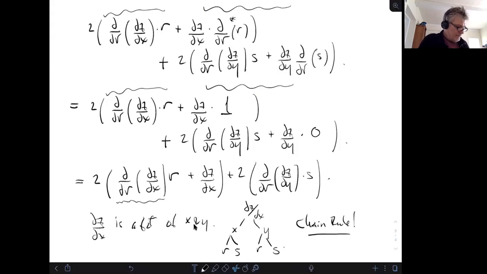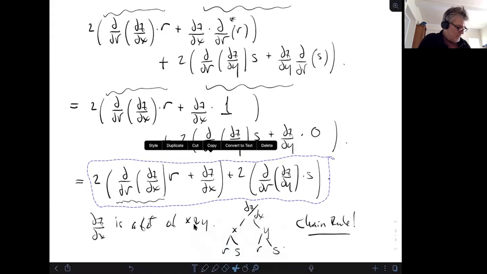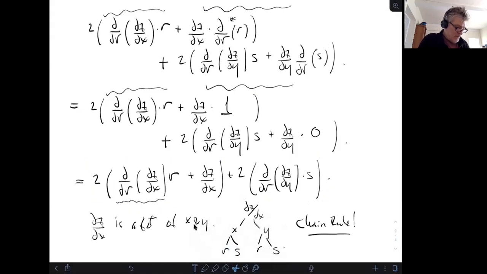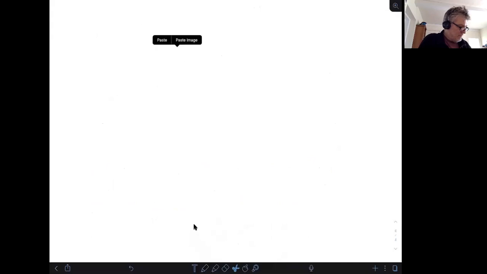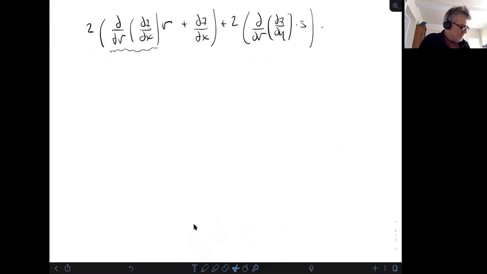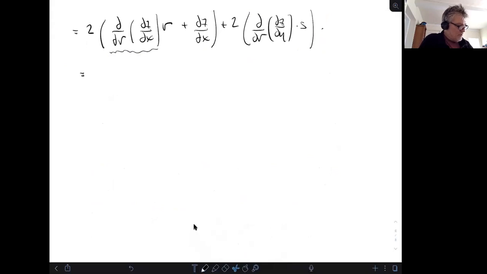Okay? So let's just take this expression right here. Okay, so I'm going to use the chain rule to evaluate this partial derivative. So how does it go?